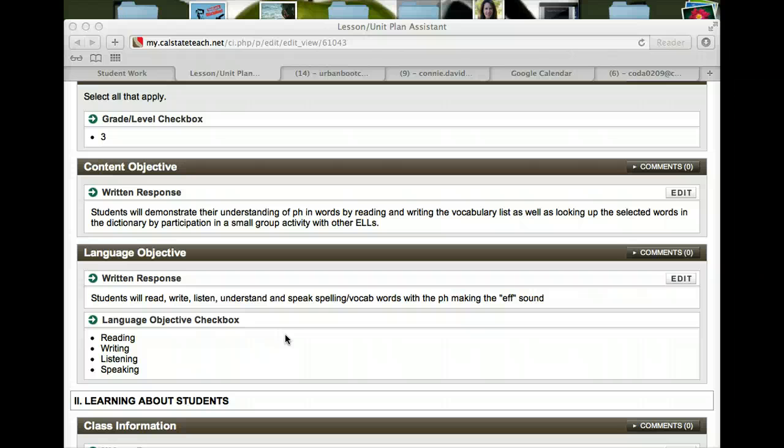Given these words, the student will first point to the PH sound, then the student will blend the word, and then the student will say the word. Now, I just want you to think about this. If you're an ELD student and you are learning English and you are given a dictionary and you're going to look up a word and then you're going to have that dictionary help you define the word, what's missing in that?